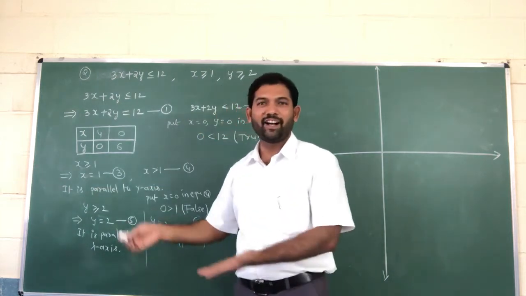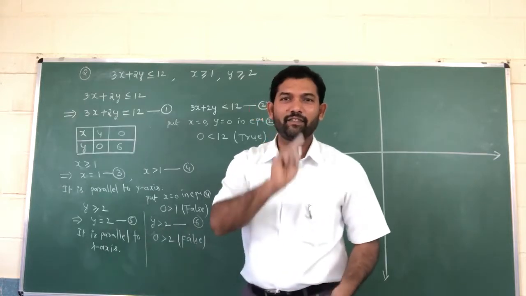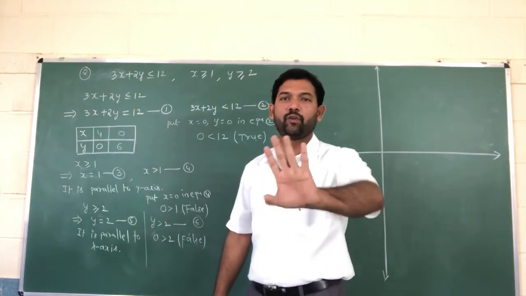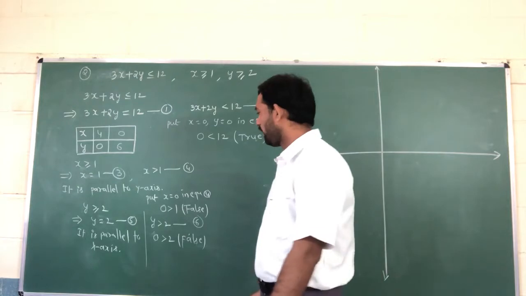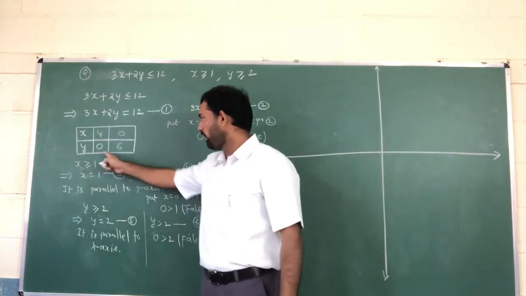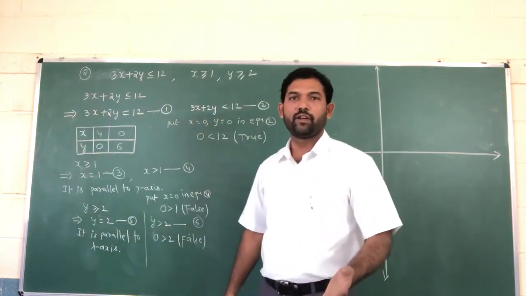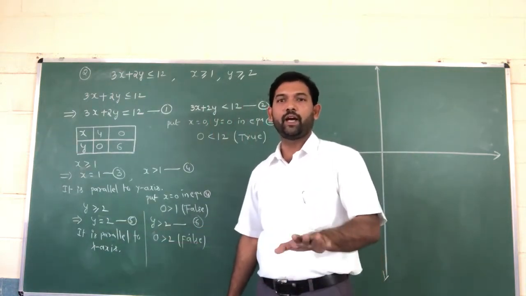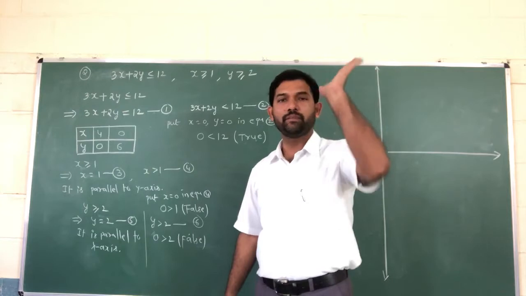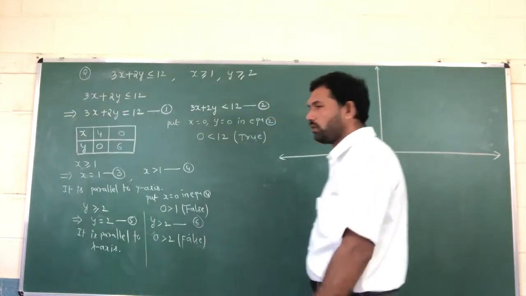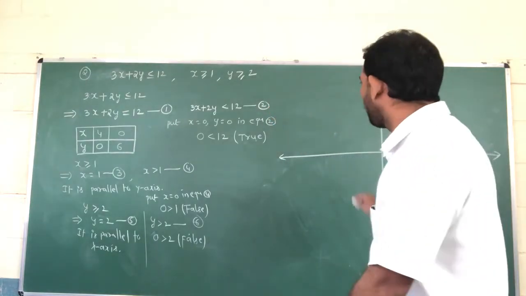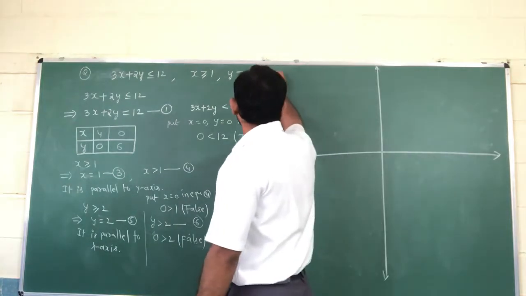Among all these x values, you take 4 as the maximum. Next, y values. Here y value 6 is there, and here y is equal to 2 is there. Among all these, you take y maximum 6. So you represent the numbers on a number plane.